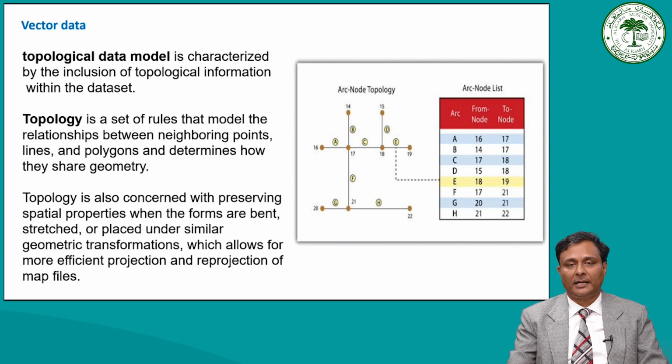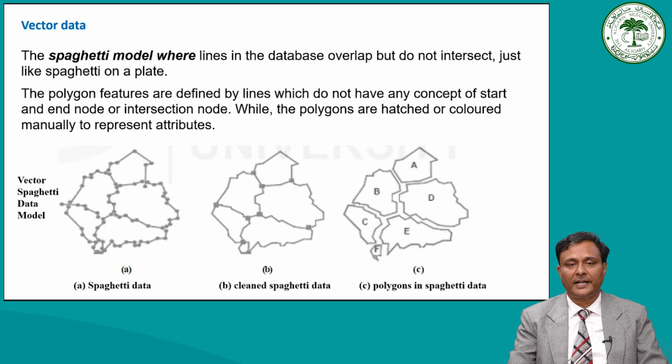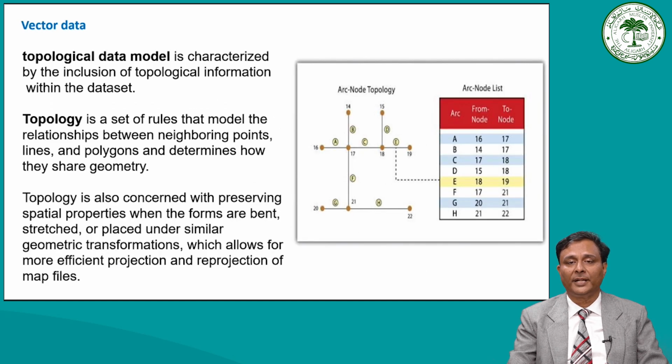If I can go back to the slide, I can show you. Here you see, in the spaghetti model, the common lines are digitized again, incorporated in the spatial data again. So these common boundaries are not truly common boundaries. That's the point which I want to make. So two adjacent polygons in the spaghetti model share a boundary defined as two separate identical lines.